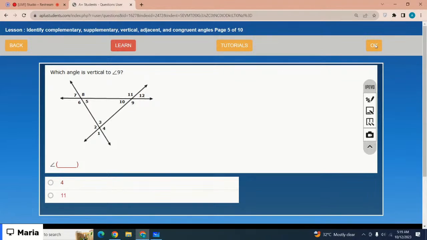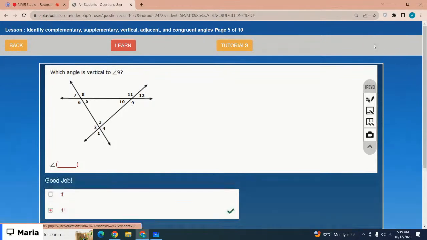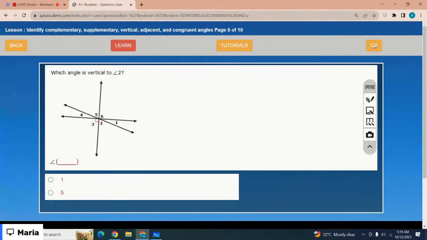That would be angle 11. Which angle is vertical to angle 2? Which is the correct option? Very good. That would be angle 5.